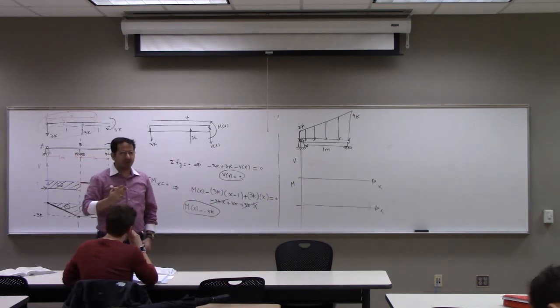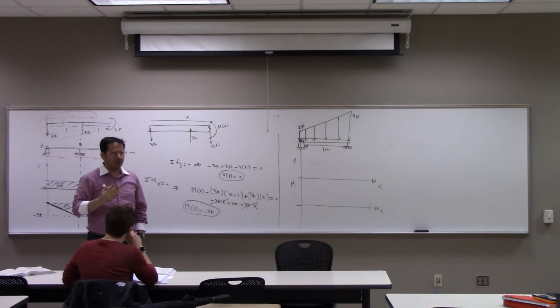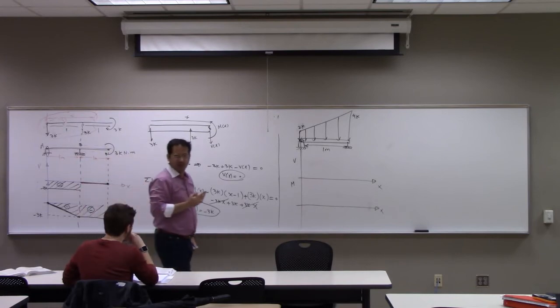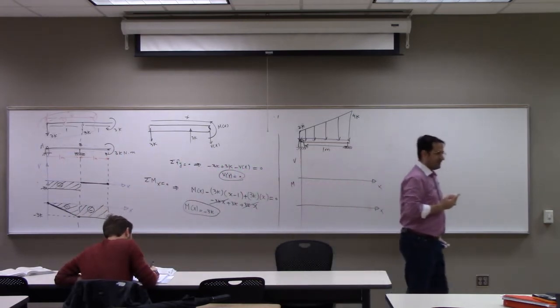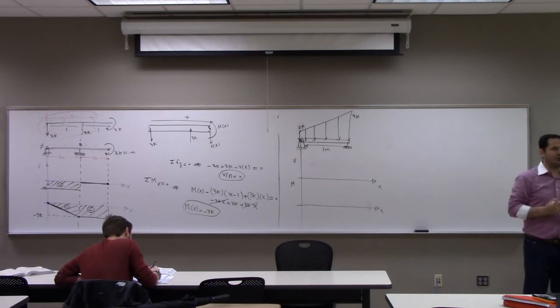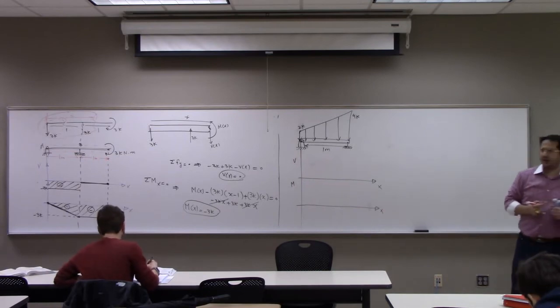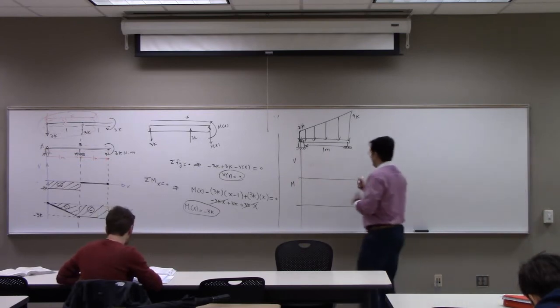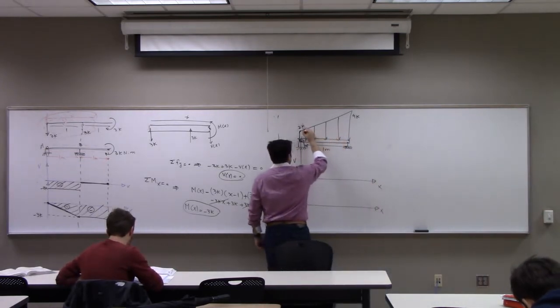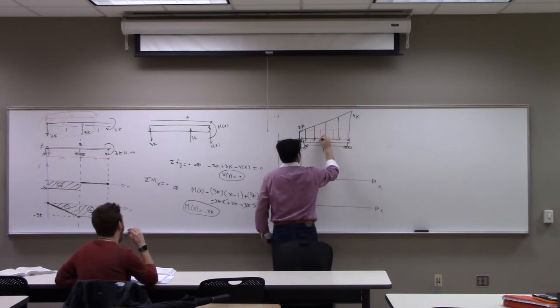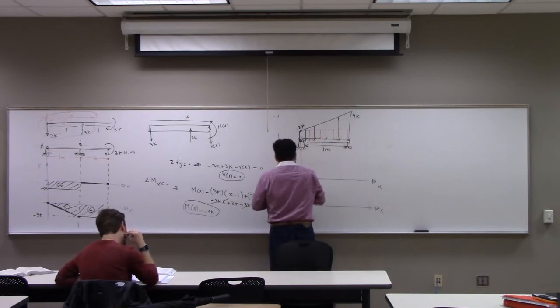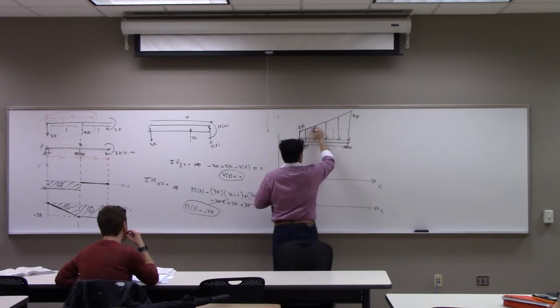But where is the centroid for the trapezoid? Then you will get confused, right? What should I do? You just take it as two separate shapes, exactly the way we did it in vector statics. If you don't have access to the complicated formula for the trapezoid centroid, just cut it in half. Because in fact, this load is nothing but the superposition of a pure rectangular load like that, and one triangular.